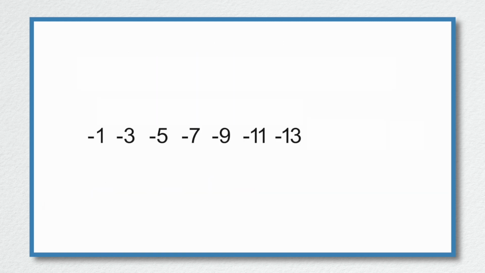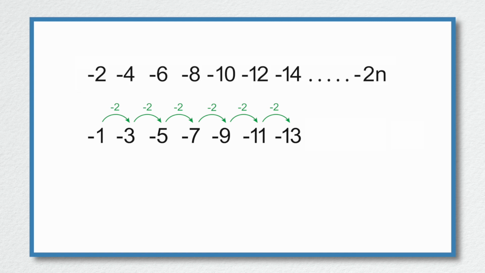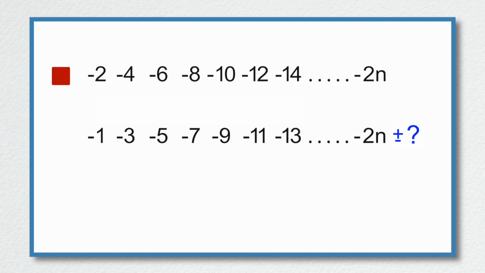Have a look at this sequence. We can see that in each case, we are subtracting 2 each time to get to the next term of the sequence. So I'm thinking of this sequence here, which is the -2 times table. So we know that the nth term is going to have -2n in it. We now need to look at how do we get from this sequence, our -2 times table, to this sequence.